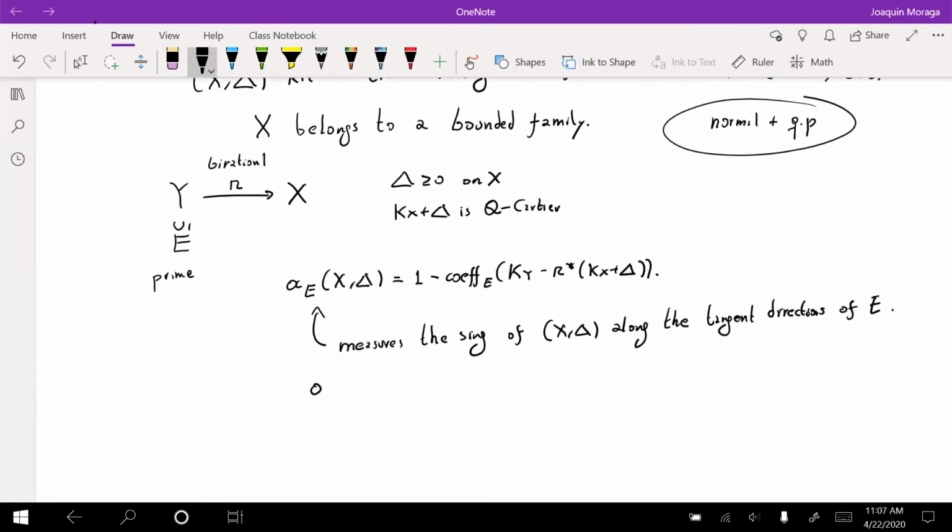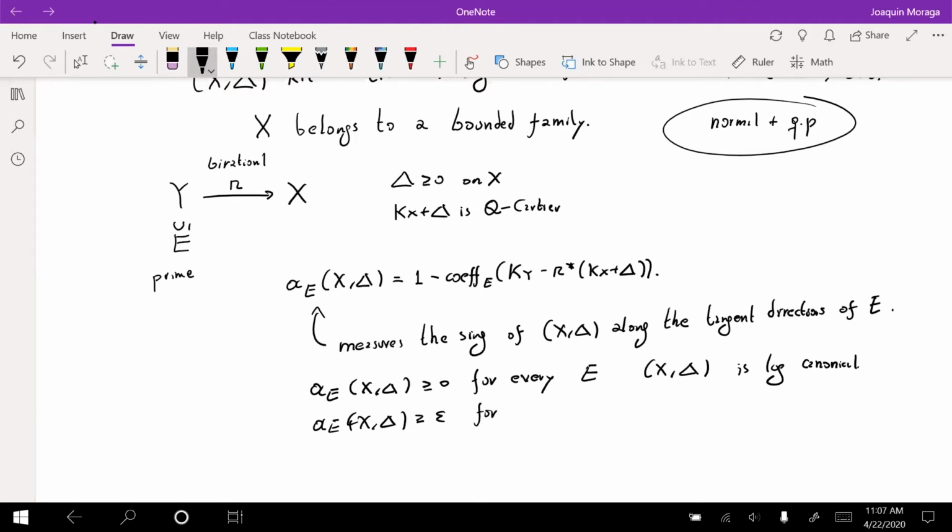So if a_E(X, Delta) is greater or equal than 0 for every E, we say that the pair is log canonical. If a_E(X, Delta) is greater or equal than epsilon for some fixed epsilon for every E, we say that (X, Delta) is epsilon-log canonical.